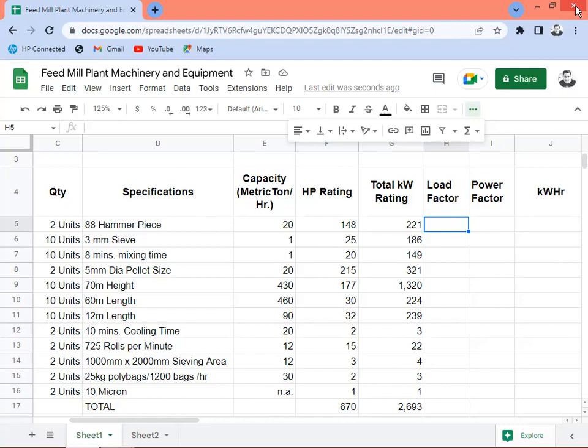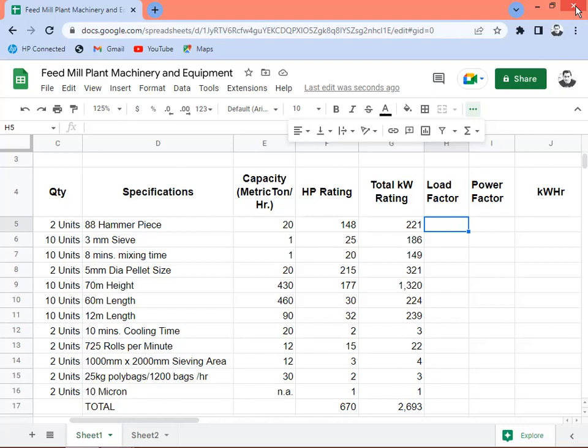Thus, the load factor in terms of percentage is derived by dividing the actual kilowatt hours by the kilowatt rating and the potential demand in terms of period of utilization. So load factor would depend on the operation.